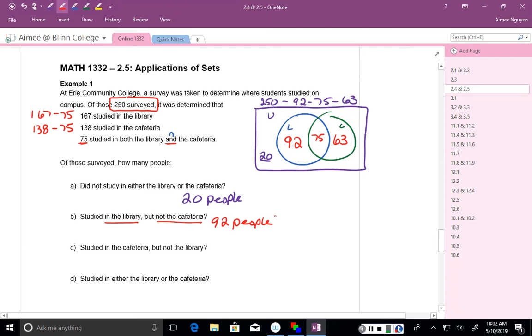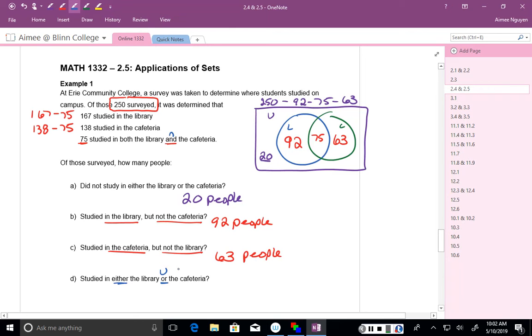So similar to that would be part C, studied in the cafeteria but not the library. So I want them in the cafeteria, not in the library, and there were 63 people that studied in the cafeteria but not in the library. And then the last one wants to know how many people studied in either the library or the cafeteria. So this is my union, right?